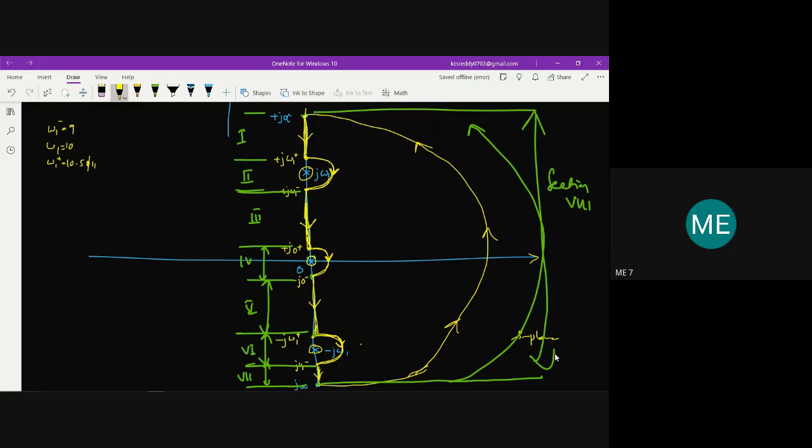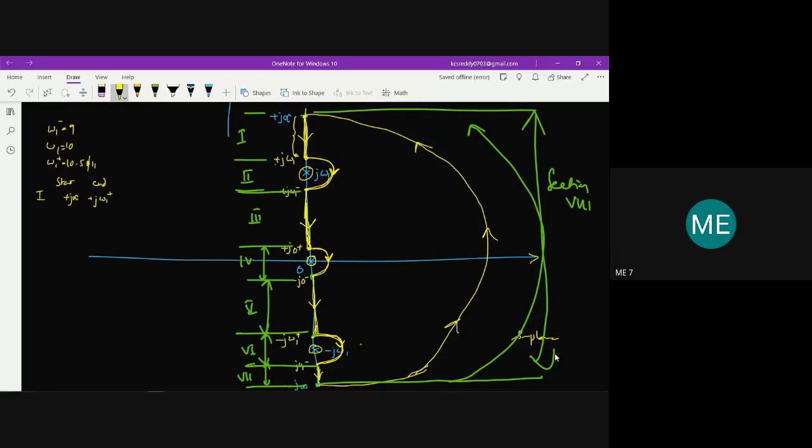So if you write all these points, that is section 1. What is the starting point of section 1? Section 1 starts at plus j infinity. The ending point of this section 1 is plus j omega 1 plus. This is along the imaginary axis.